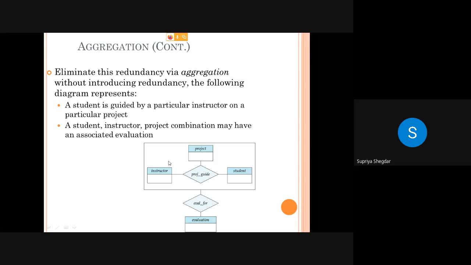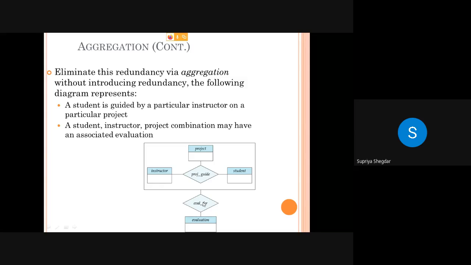So the student, instructor and project combination may have an associated evaluation, because for doing the evaluation of the project, again we require the student, project and instructor entities. So we can eliminate such redundancy with the help of aggregation. If such cases are there, then we make one relationship set an entity set, and then we consider the relationship between the old entity set and this new entity set.